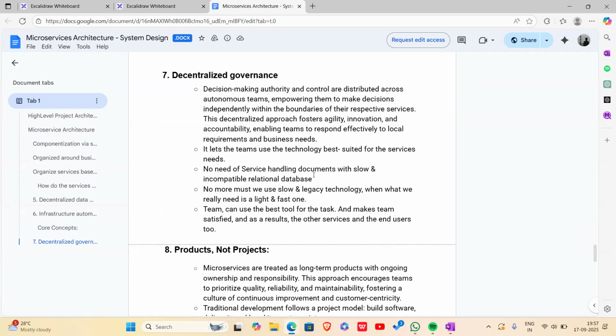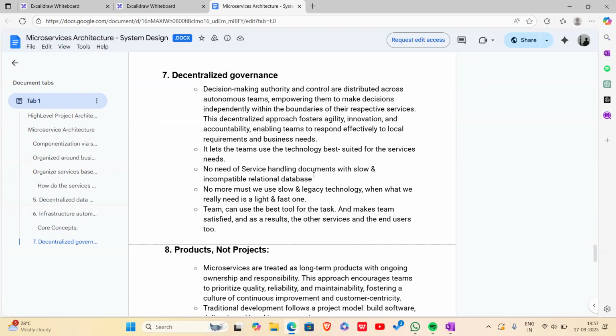No need for a service handling documents with a slow and incapable relational database. No more must we use slow and legacy technology when what we really need is light and fast. Teams can use the best tool for the task, which makes the team satisfied and, as a result, the end users too.